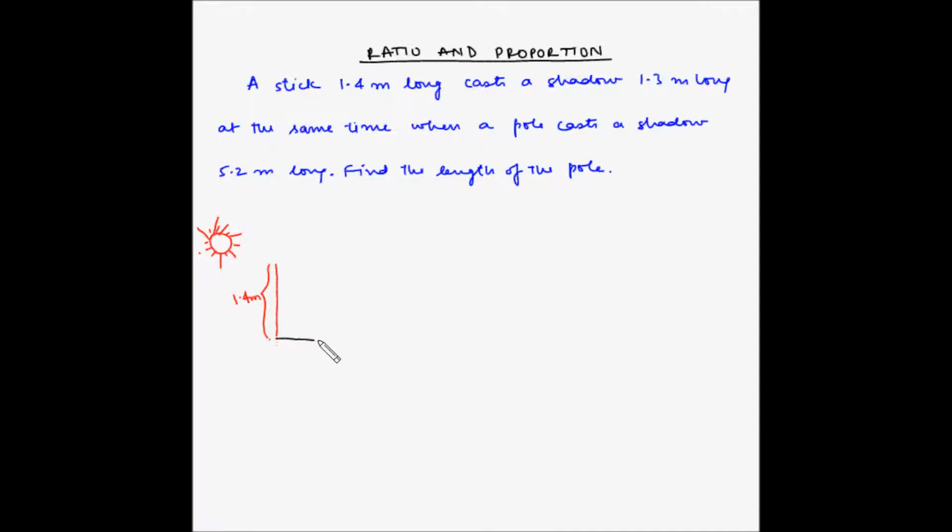So let's say this is the shadow. Now what we are being told is the stick casts a shadow which is 1.3 meters long. So the length of this shadow is 1.3 meters.